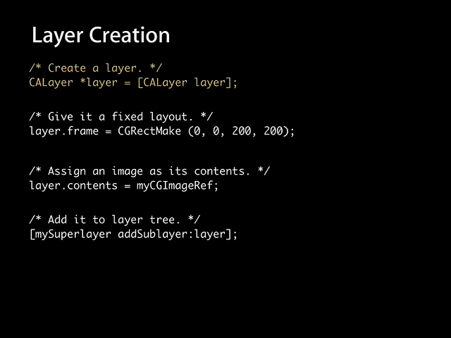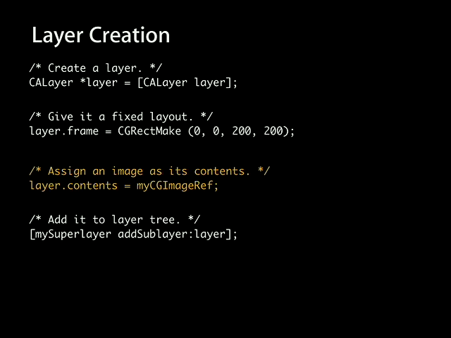So the first line is we're going to create that layer. We just use the standard kind of initializer allocator type convenience method. Then in this case, we're just going to give it a fixed point on screen in its parent's coordinate space, like a little box in the corner in this example. And then we're not going to do any custom drawing. We're just going to say, here's an image, which we presumably loaded off disk or drew earlier, and say, this is your contents for the layer.